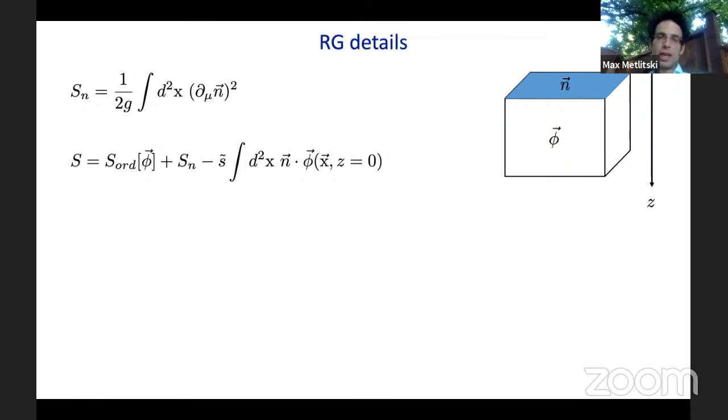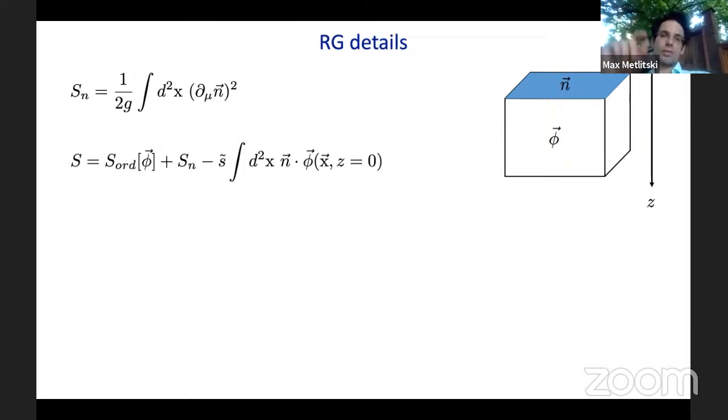Again, remember, we want to start in the regime where the surface has strong coupling between spins, right? And we describe the surface by this O(N) nonlinear sigma model, and then we take the bulk. And initially, let's take the bulk with ordinary boundary conditions, right? So if you wish, imagine that the next layer away from the boundary has the same coupling as the bulk coupling and is now in the ordinary universality class.